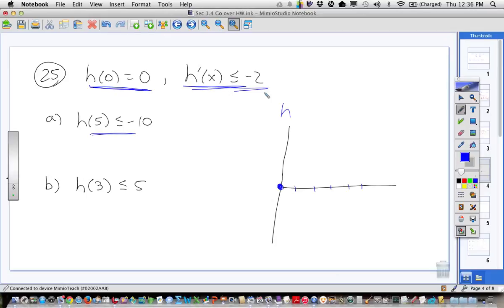So what I like to say to help with that is negative and getting more negative. To me, that's -3, -4, -5, -6. Or negative and getting less negative. To me, that's helpful, because now if it's negative and getting less negative, it's getting less steep or slowing down. Does that make sense?